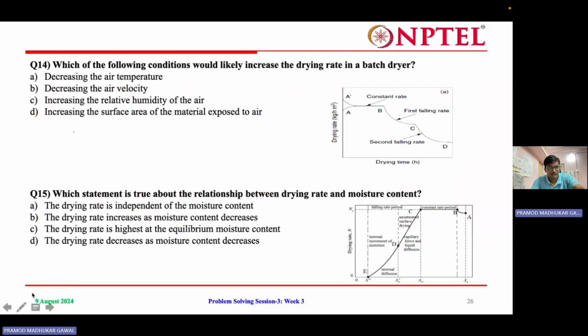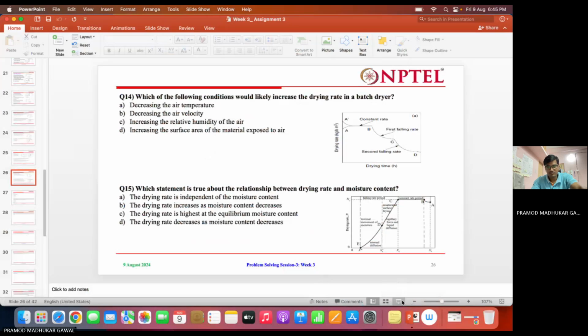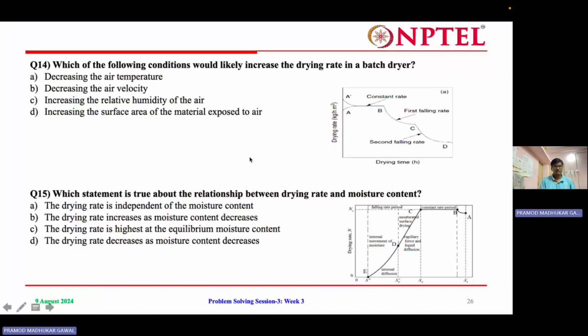Question number 14. Which of the following conditions would increase the drying rate in a batch dryer? So the question asks for conditions that increase the drying rate in a batch dryer. First, decreasing the air temperature, decreasing the air velocity, increasing the relative humidity of the air, and increasing the surface area of material exposed to the air.